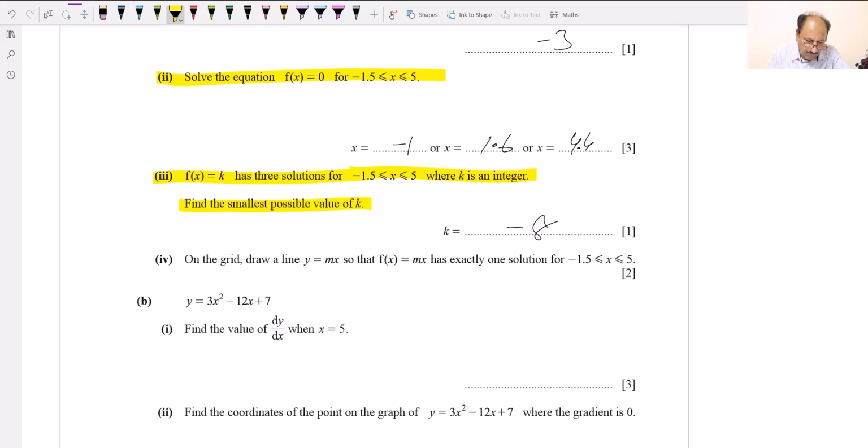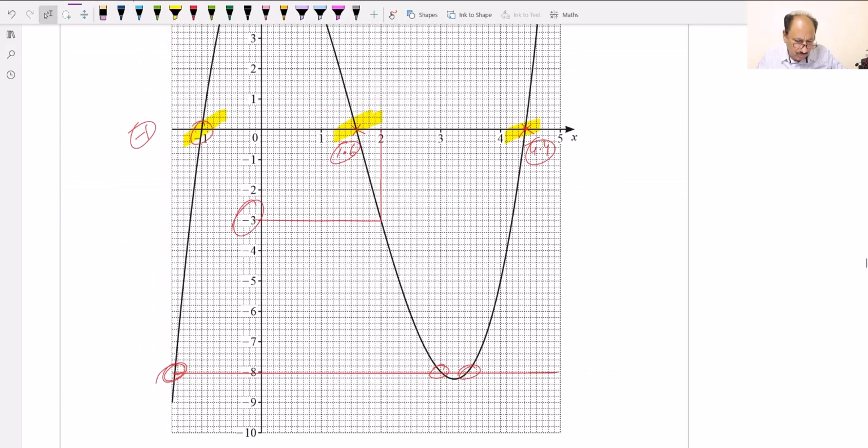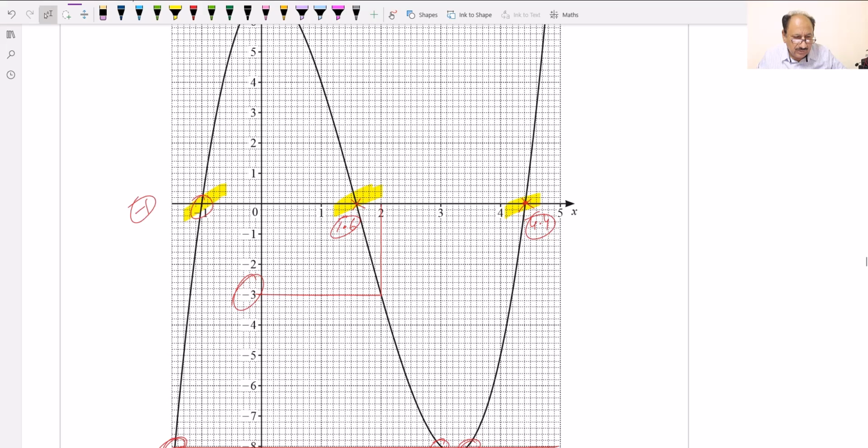Now for the fourth part, on the grid draw a line y is equal to mx, so that f of x is equal to mx has exactly one solution. We can draw, for example, any line which intersects the curve only at a single point.